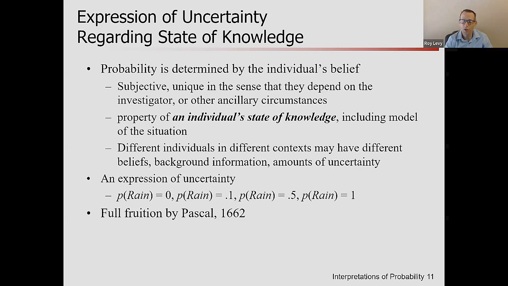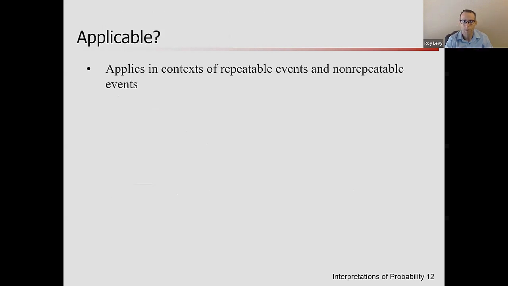We see this interpretation of probability dating back to the modern founding of probability theory in the writings of Pascal, mid-1600s. This interpretation of probability has been around a long time. Can we apply it in different circumstances? Here, probability is an expression of our uncertainty or our beliefs about the situation.